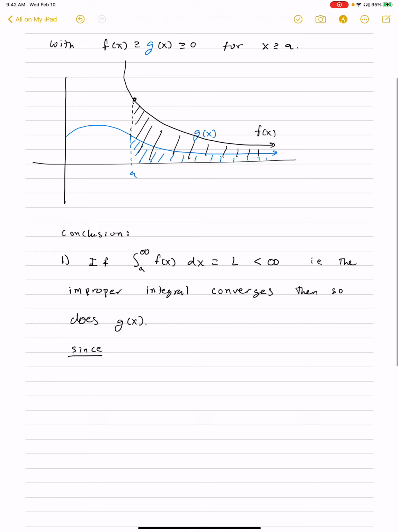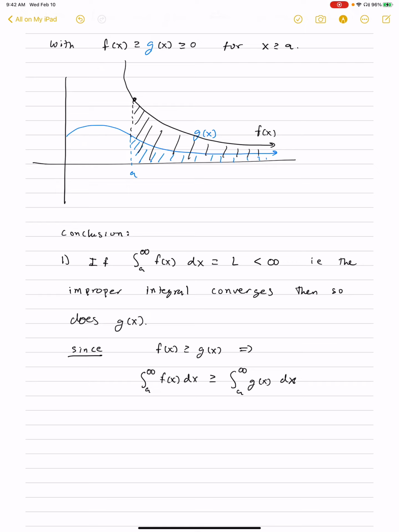And if I want to say why, it'd be because, or since, f of x is bigger than or equal to g of x. This implies that the integral from a to infinity of f of x dx is bigger than or equal to the integral from a to infinity of g of x dx.